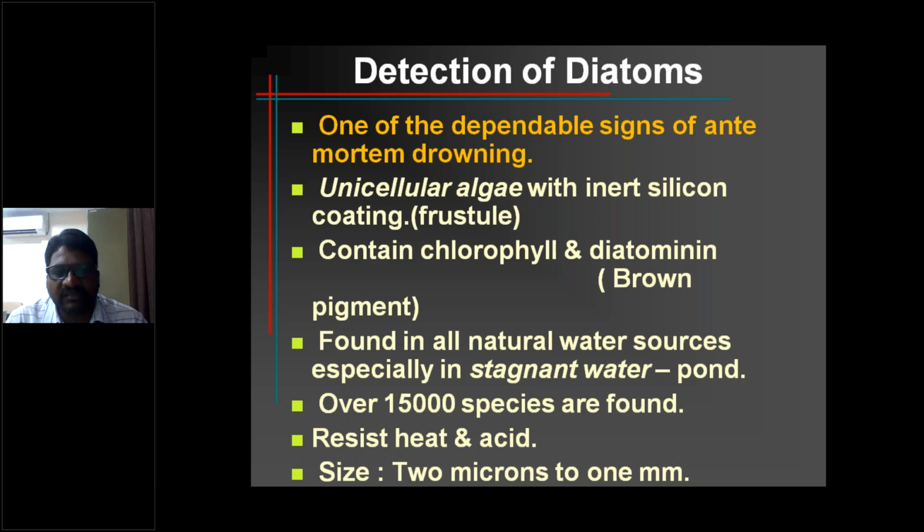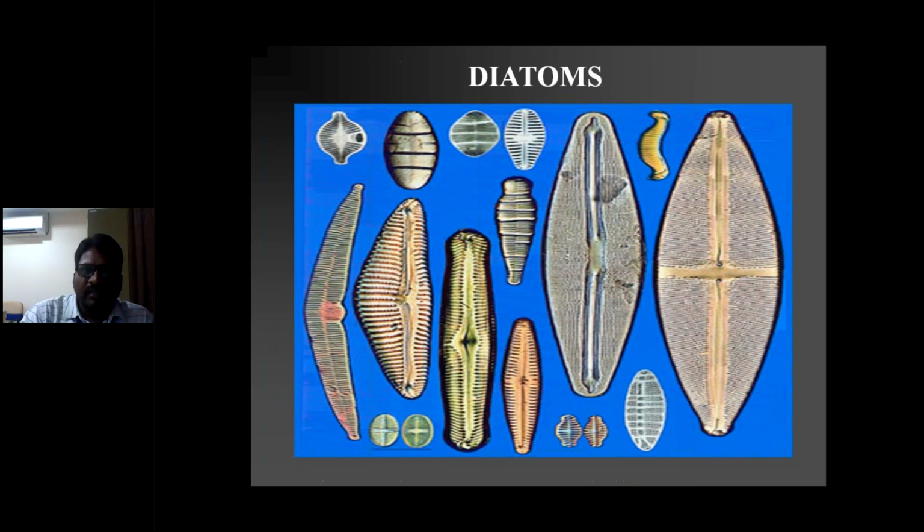The size of these algae ranges from 2 microns to 1 millimeter. Diatoms are a 4 marks question. Remember: unicellular algae with inert silicon coating. These are the different types of algae present in different types of ponds, especially stagnant water.